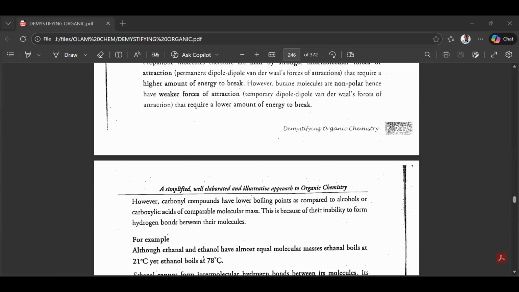Then the third one, 2-bromophenylethanone.